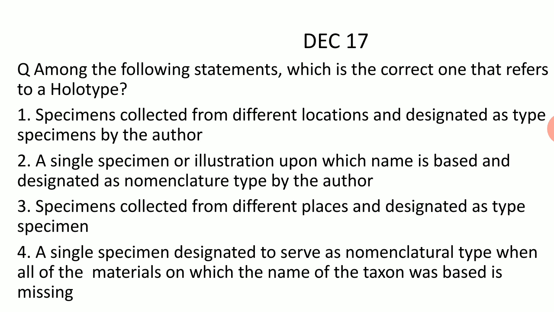Two, a single specimen or illustration upon which the name is based and designated as the nomenclature type by the author. This is correct. Specimens collected from different places, no. Three, a specimen designated to serve as nomenclature type when all other material on which the name of the taxon was based is missing. It is either paratype or neotype. So the answer is the second one.